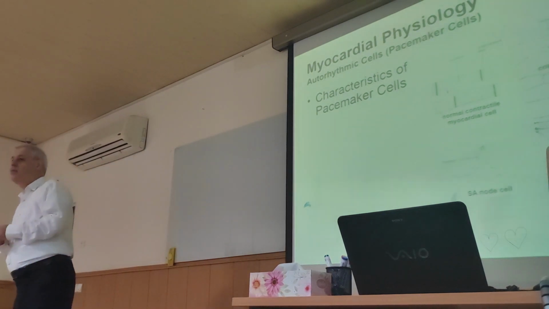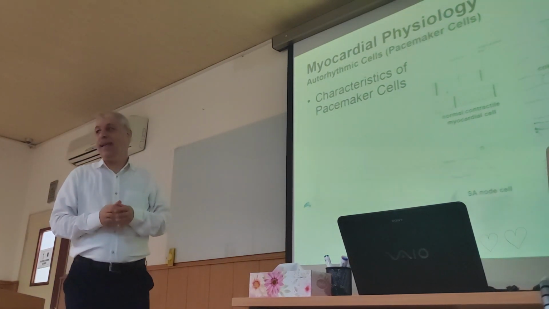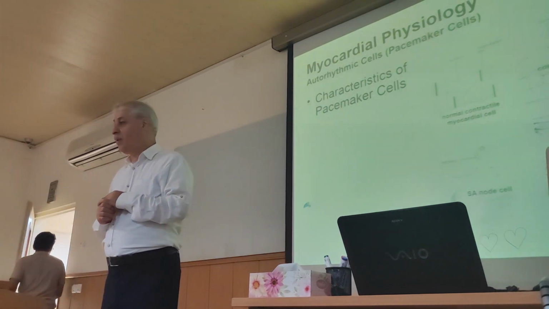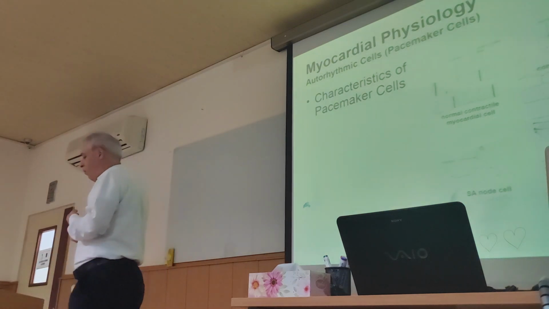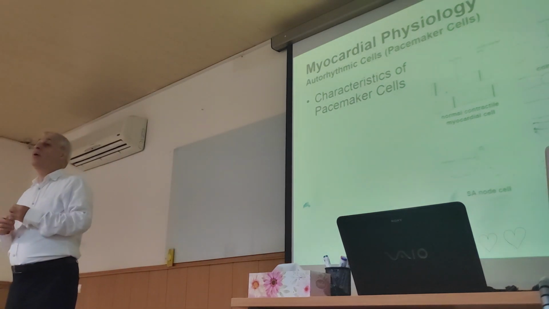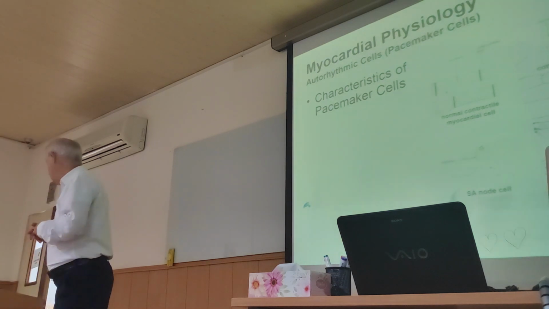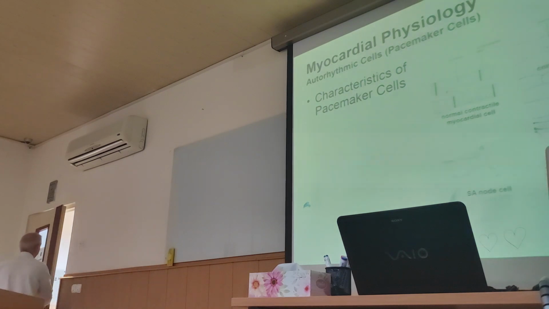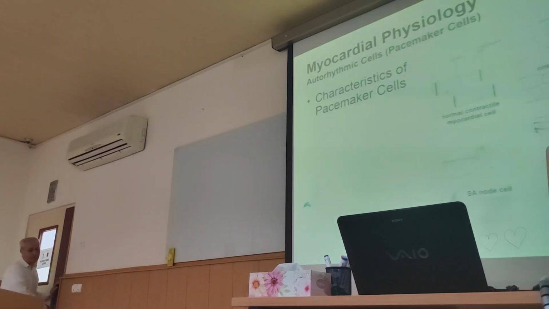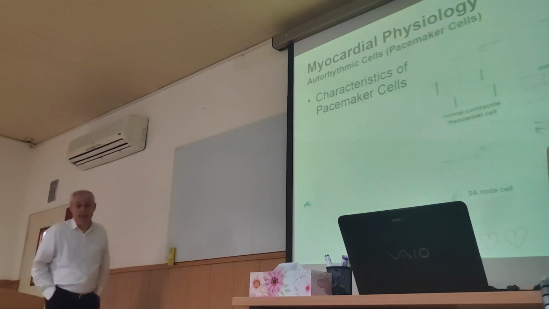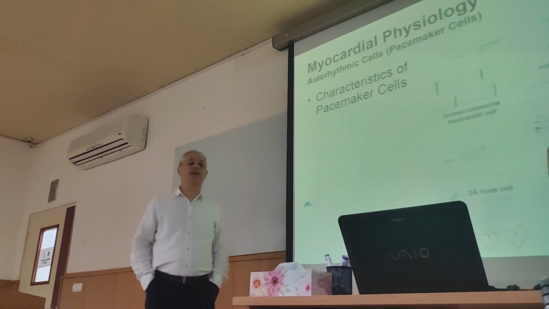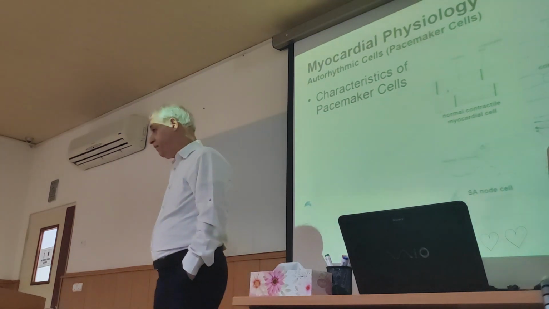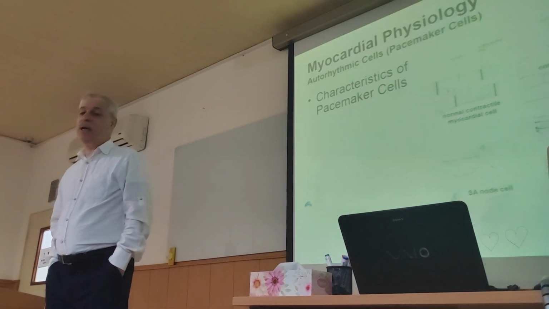At the fusion side, there is an anatomical structure called the intercalated disc. The intercalated disc is the fusion connecting compartment. At the intercalated disc, we have gap junctions. What is a gap junction?